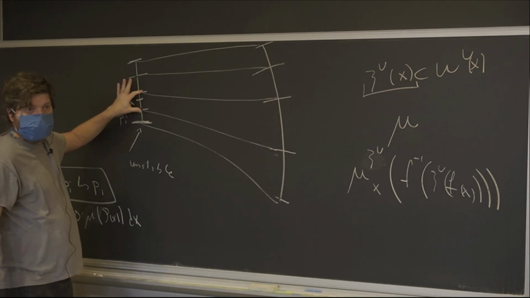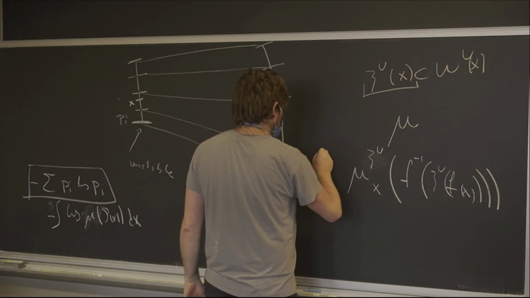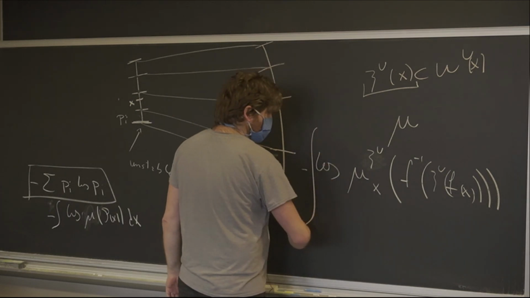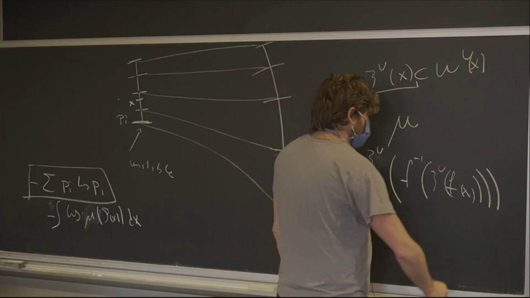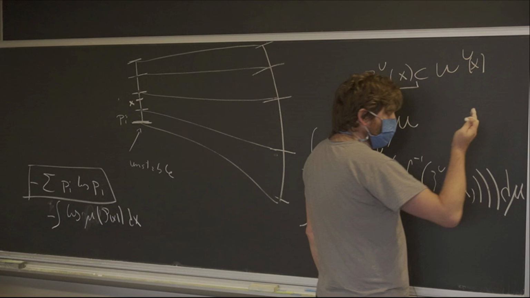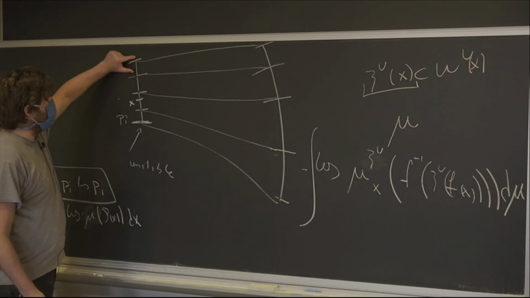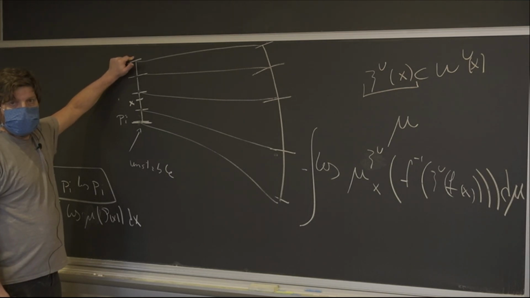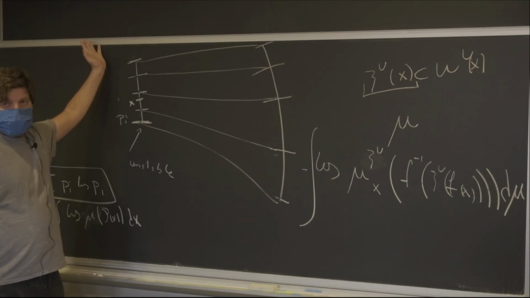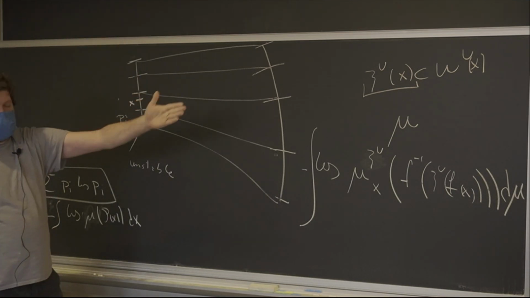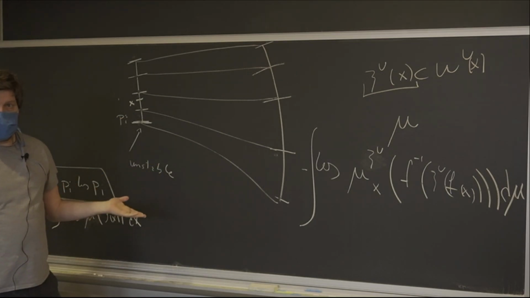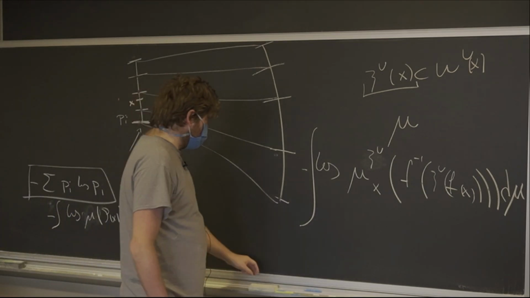This is the p_i. I take minus log, and I integrate d mu. I could do it in two steps: first integrate with respect to all the points inside the same atom, and then integrate over all atoms. But instead of doing that, I just integrate d mu and do the two steps in one.